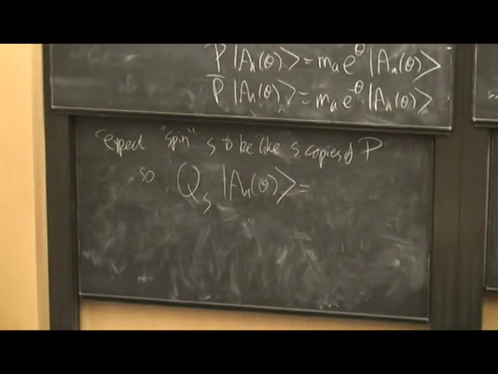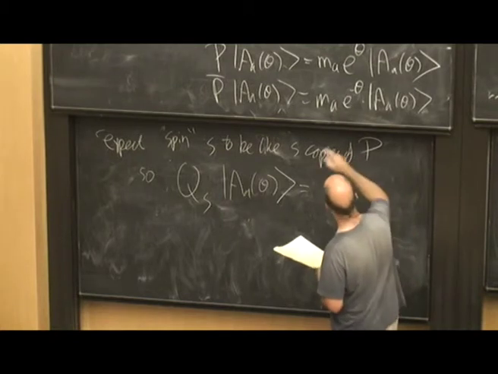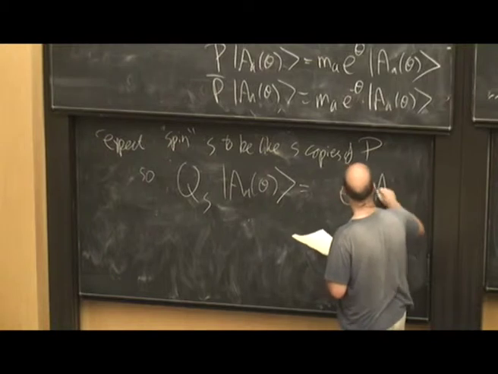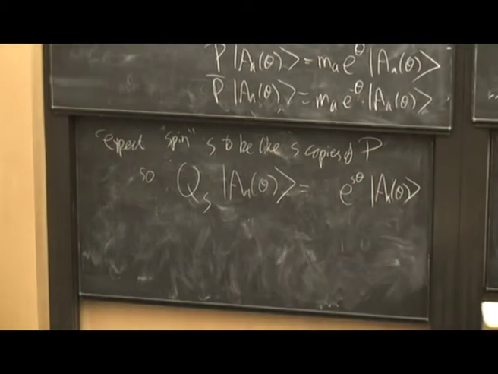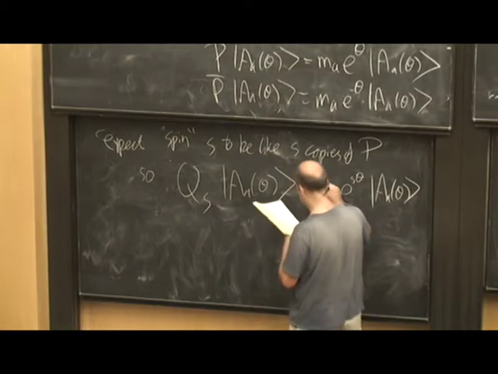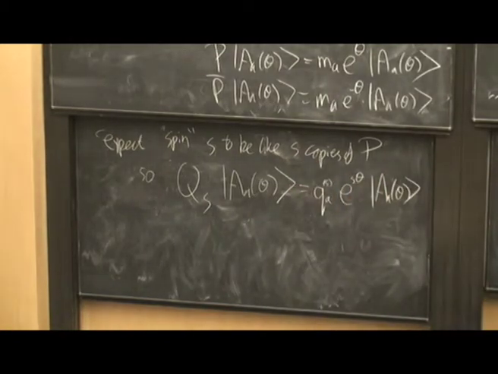Just by its Lorentz transformation properties, if it's like S copies of P, it should go like e^(S theta) A_a(theta). That transforms under Lorentz transformations like S copies of P, but of course it's got a little constant out the front, which is just a scalar encoding what its actual value is on these different operators. So that would be that.